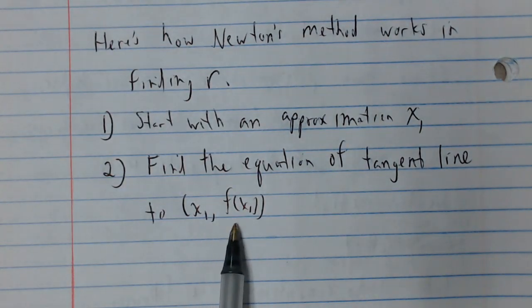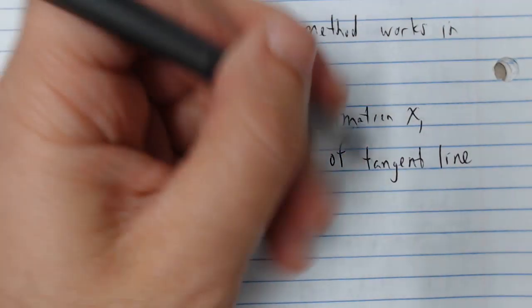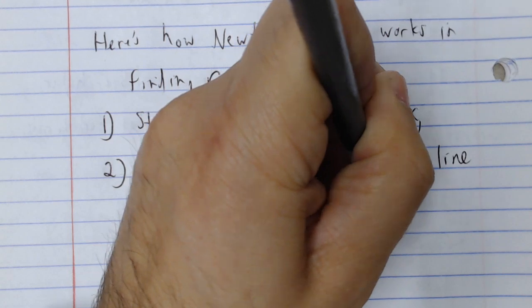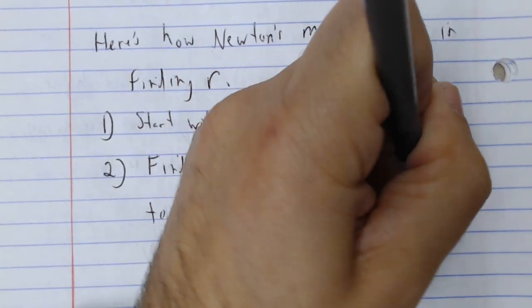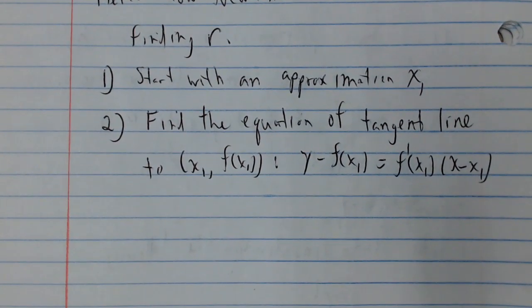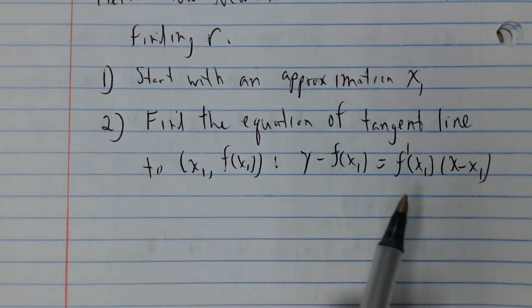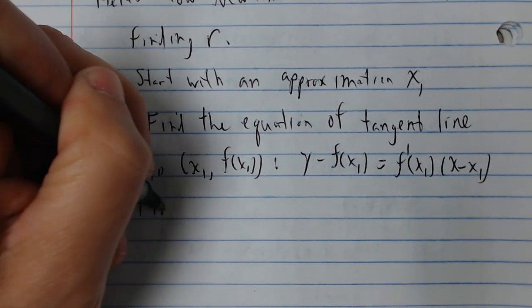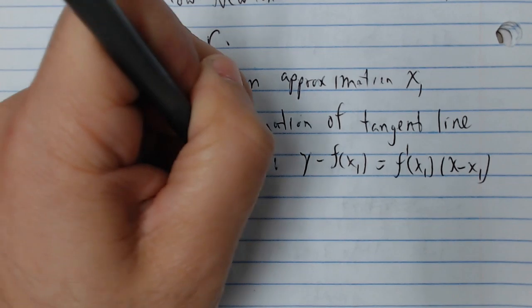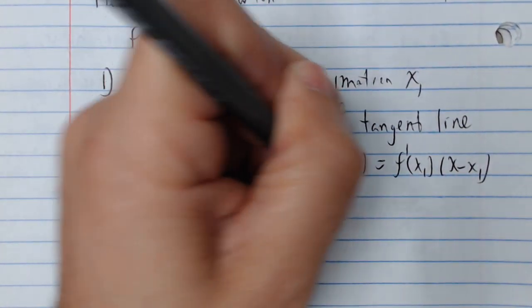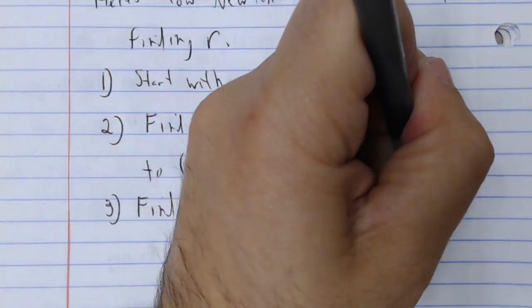This is the point that is on that curve, and of course the equation is y minus f of x sub 1 equals f prime of x sub 1 times x minus x sub 1. And then once we did that, if you remember, what did we do? We grabbed this line and we found its x-intercept. So the third step was, find the x-intercept of the tangent line.